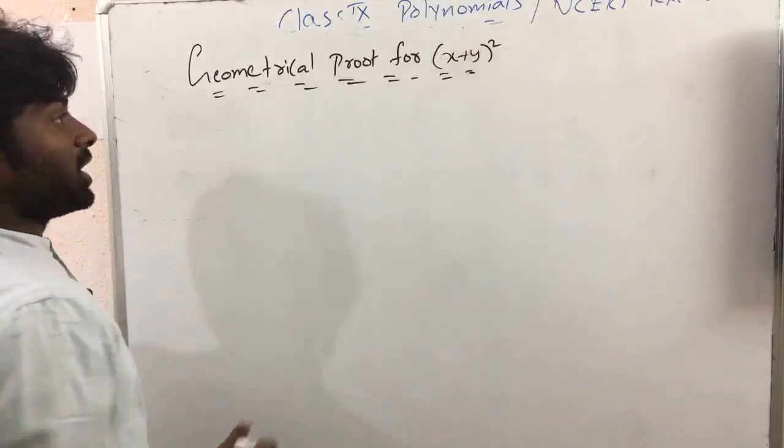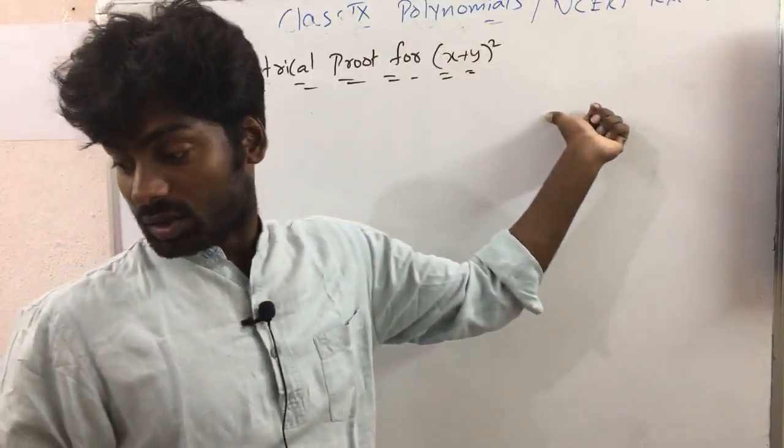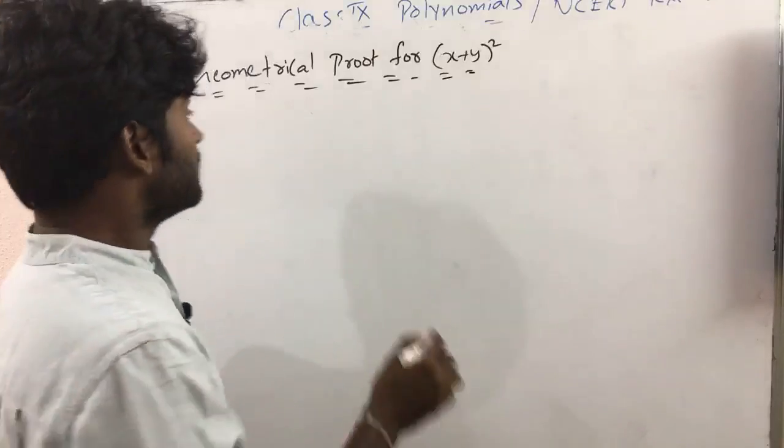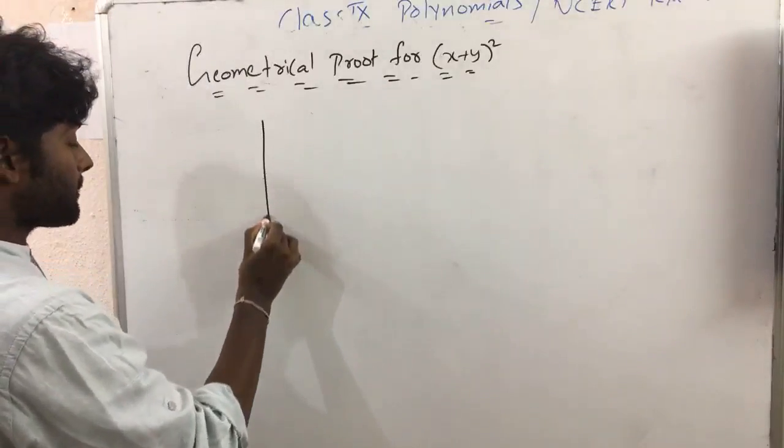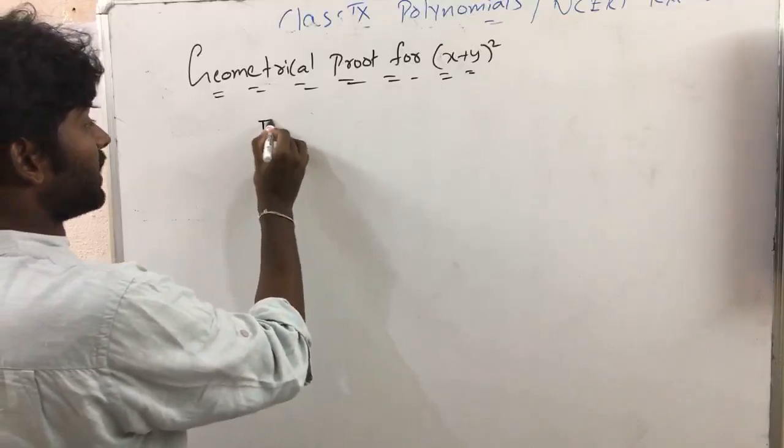So we are going with the geometrical proof for x plus y whole square. Now take one square.